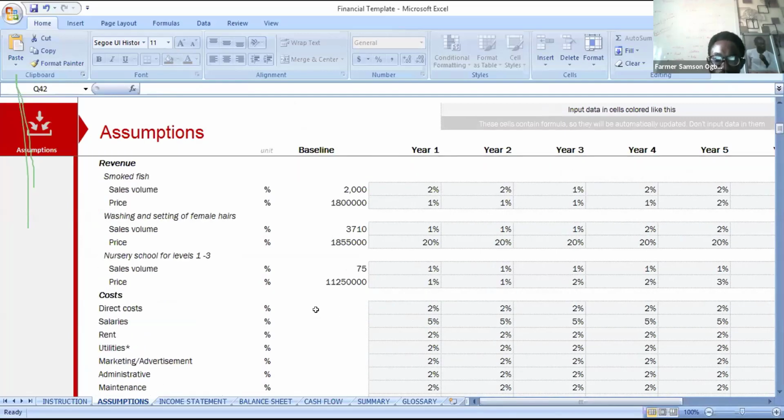Next is your direct cost. Now, your direct cost, like I explained yesterday, is the direct cost incurred in trying to do the business that you are doing.